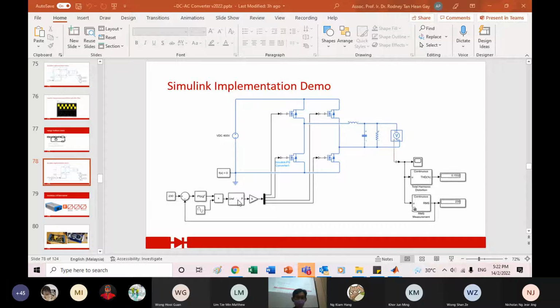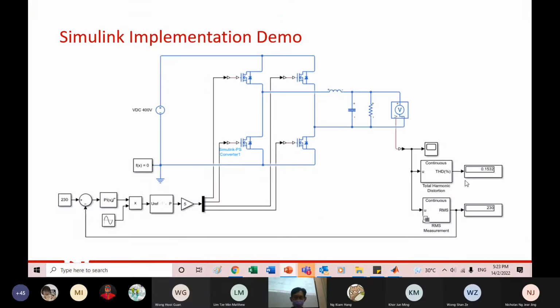One wrong, everything wrong. If everything is correct, you should have exactly 230 volt as set by your reference, and then you will have a very, very low THD.